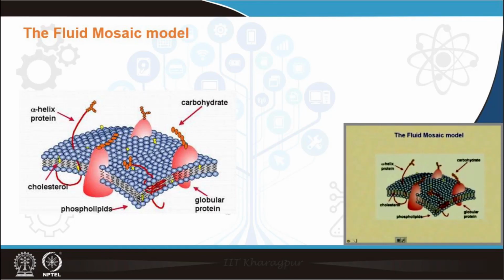If that has to happen, then the composition of the phospholipids on the outer layer and the inner layer is different. The phospholipid composition of what are called the lipid leaflets is different. So the lipid bilayer is basically a fluid layer where we have constant movement, constant free rotation, some diffusion also, and we have cholesterol embedded.